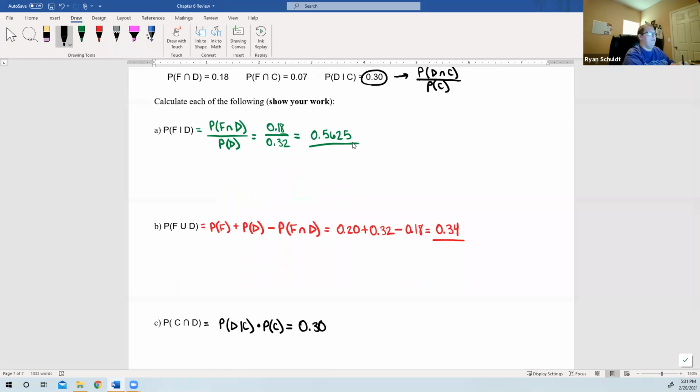Probability of a cat is 0.35. So times 0.35, it's going to be 0.105. So we had to use the info they gave us and then just kind of twist it around to work in our favor. That's the law of total probability. Hadn't used it yet, but it came up.